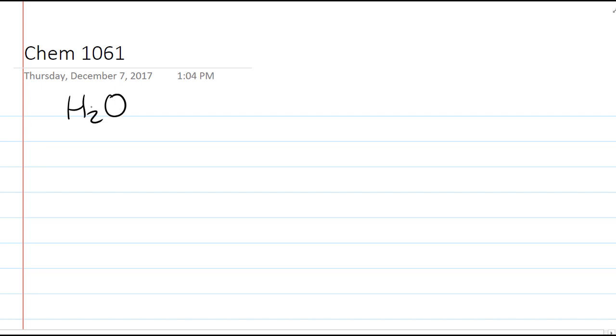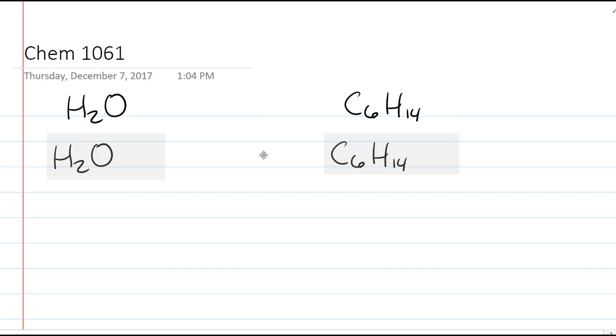Water, of course, is H2O. Hexane is C6H14. So now what I'd like for you to do is draw out a Lewis diagram for each one of these molecules.